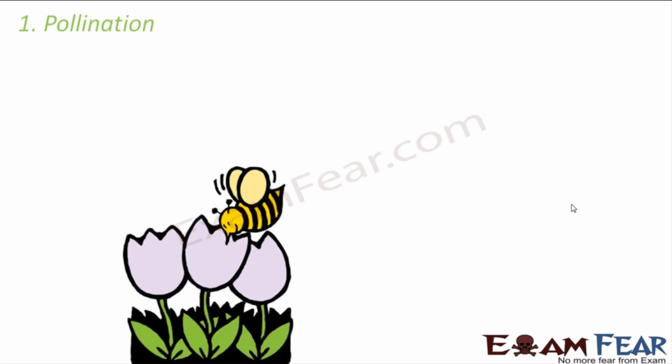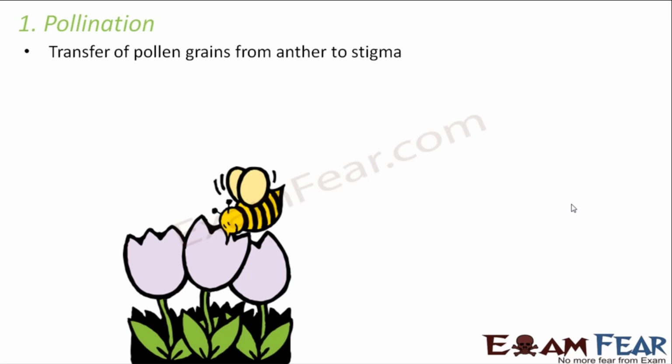Let us see what pollination is. The word pollination looks like it has been derived from the word pollen, right? So what is pollination? It is the transfer of pollen grains from anther to stigma. For sexual reproduction to happen, the pollen grains should meet the egg.